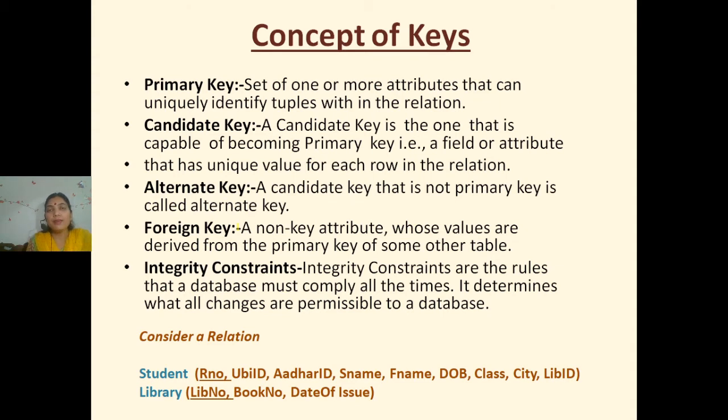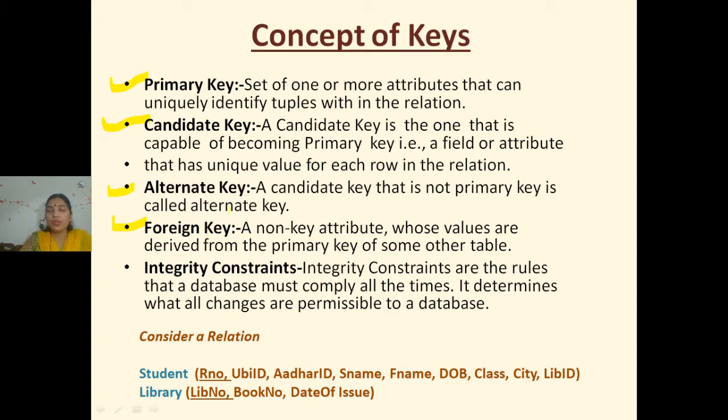In any database, we have a few special types of keys: primary key, candidate key, then alternate key, foreign key, and then later another term comes, the integrity constraint. So first we see what are this primary key, candidate key and then alternate key.